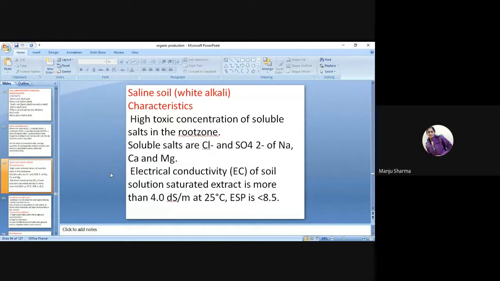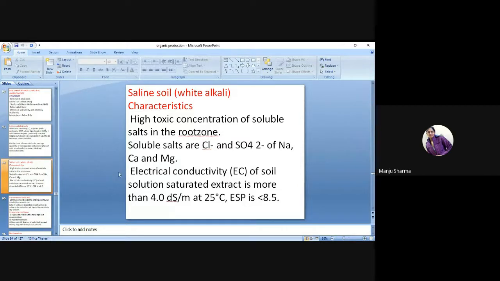Then electrical conductivity, that is EC, of soil solution with saturated extract is more than 4 dS per meter at 25 degrees centigrade, and the ESP is more than 8.5.